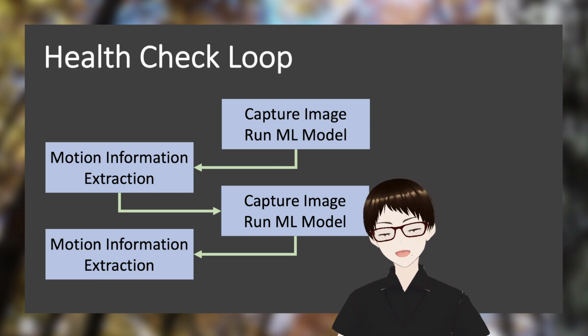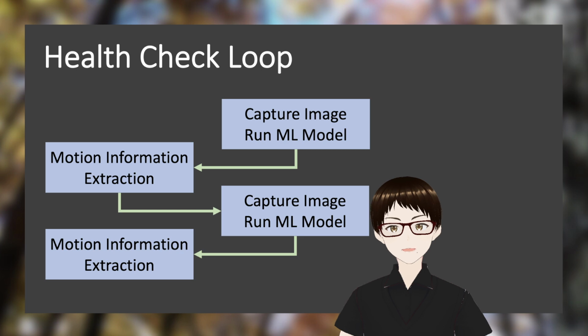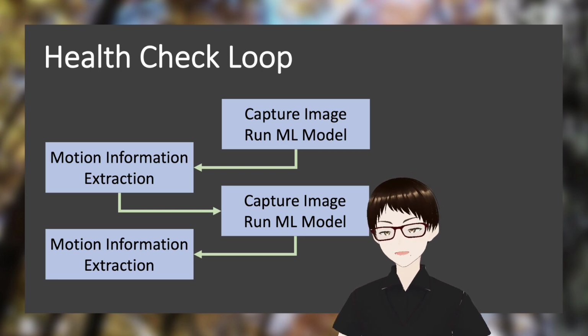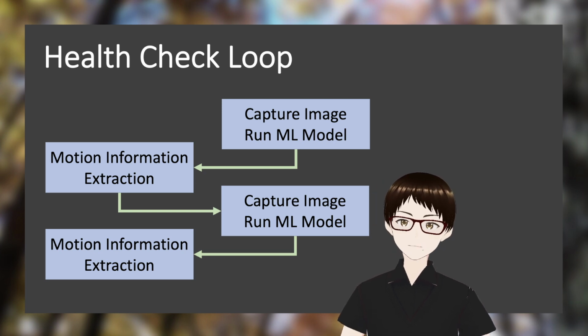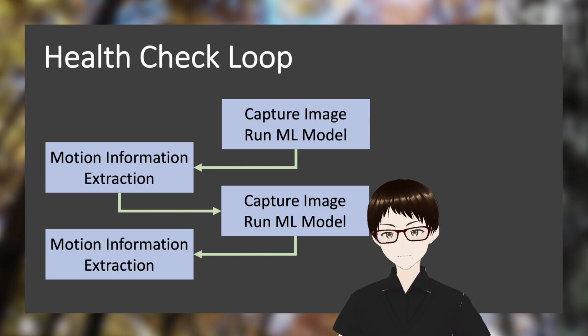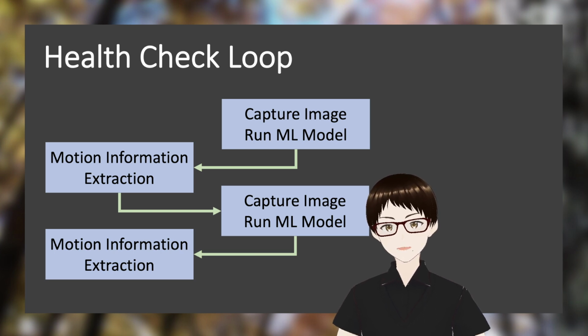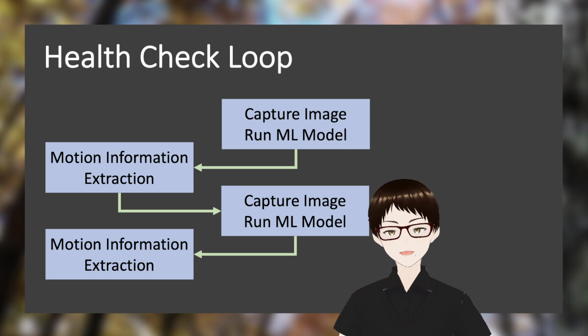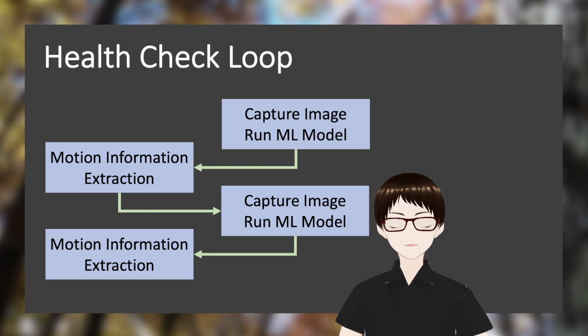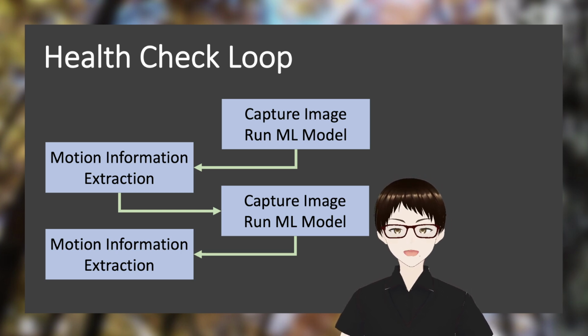So after the machine learning model finishes computing and returns the result, we use the motion information extraction that we developed in our main thread to process it. And while we are processing it, we kickstart another process. We capture the image and throw it to the machine learning thread again, right? So this is like a ping pong.